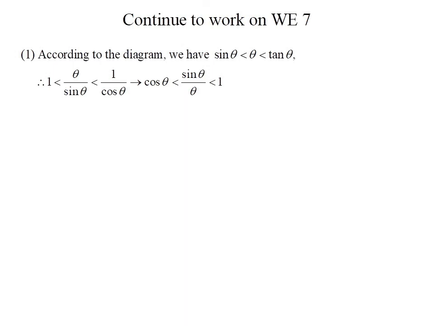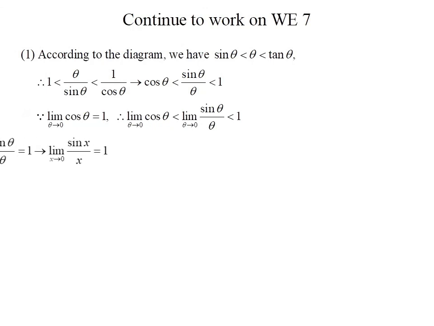After being divided by sine theta, the inequalities become cosine theta is less than sine theta over theta, which is less than 1 over cosine theta. Since the limit of cosine theta equals 1 as theta approaches 0, according to the Squeeze Theorem, we have proved that the limit of sine x over x equals 1 as x approaches 0.